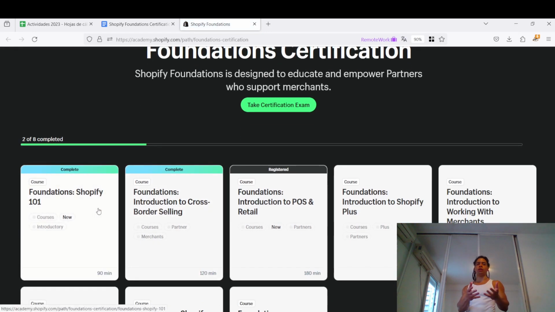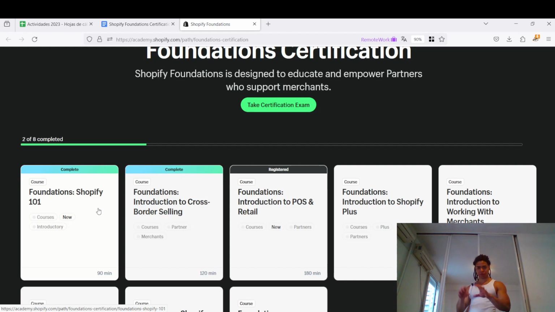We talked about what Shopify is, how it works, and the ecosystem, meaning who the key players in that area are. So you have merchants and partners. What are partners? What are merchants?